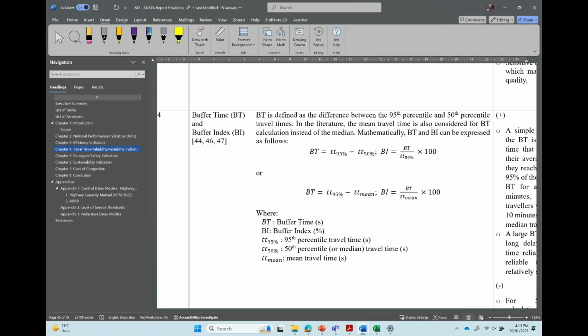So it defines the difference between the 95th percentile and the 50th percentile. You can also find the index by dividing it by the mean value. The lower the buffer time, the more reliable you are. So these are the indicators that can be used to show how much benefit you are observing.